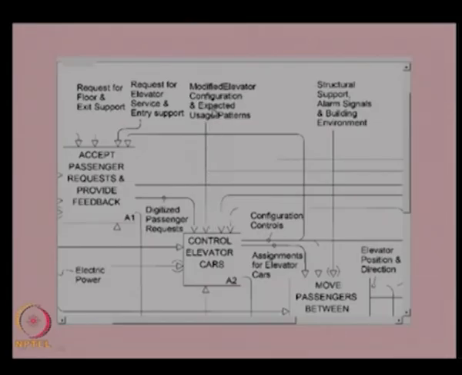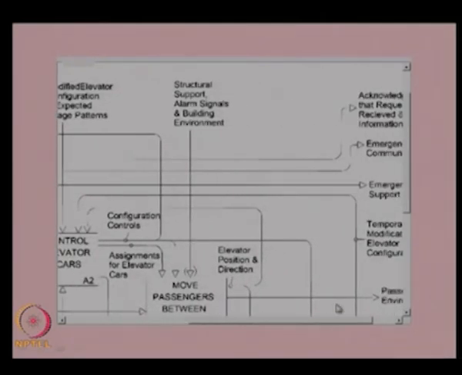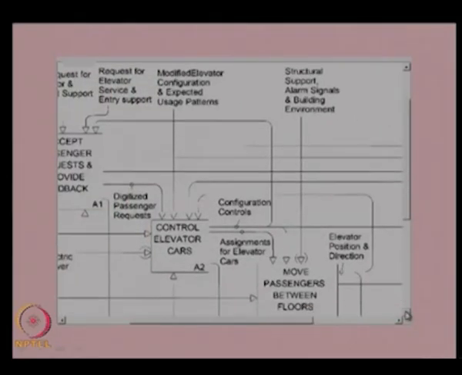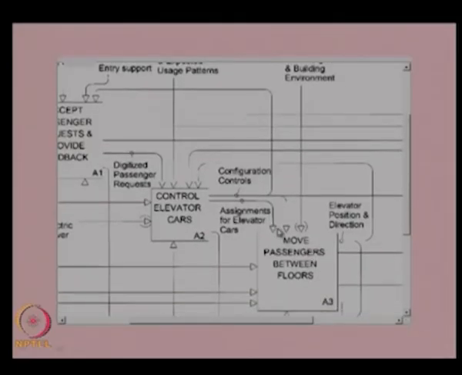We discussed this input in the context diagram. That input is coming to control elevator cars, and other inputs are coming from other sources. From the other functions also inputs will be coming to this function, and it will process all these inputs and give the output like configuration controls and assignments of elevator cars. That is one of the important outputs from this function, assignments for elevator cars.